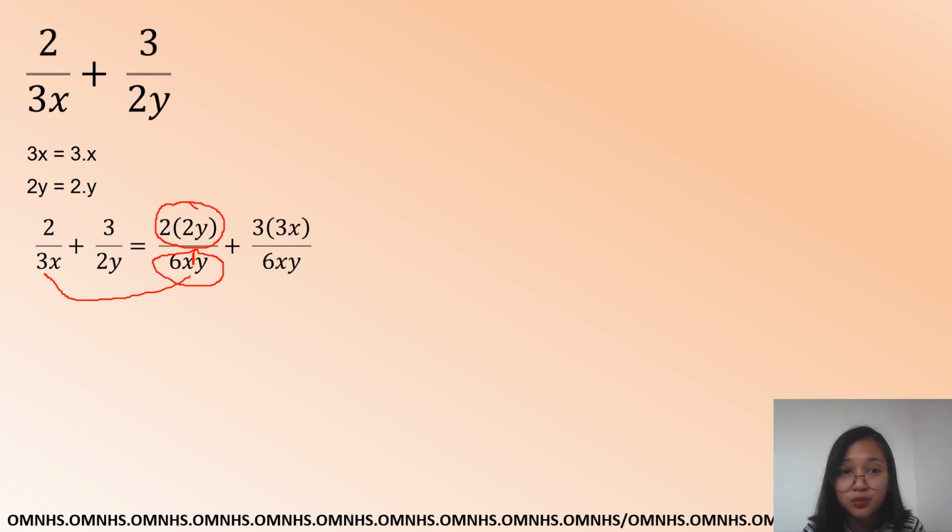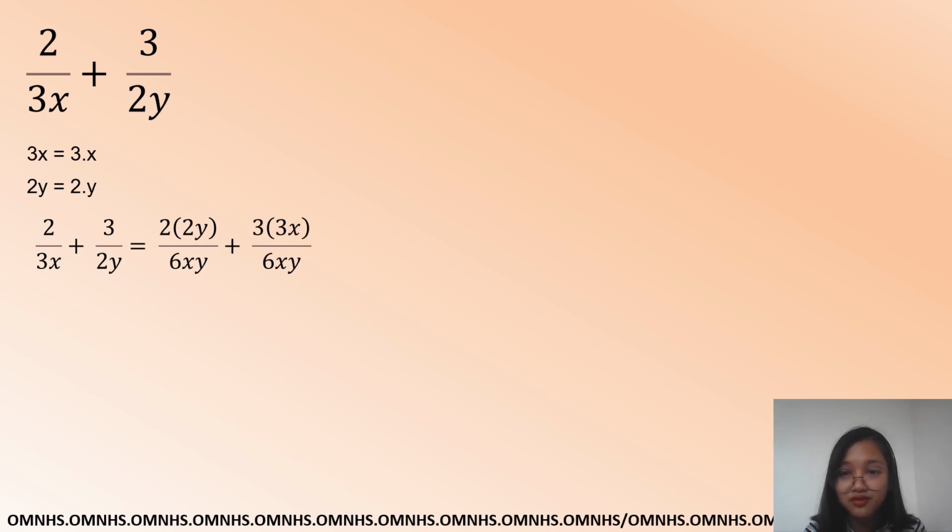And then we have to multiply it to the numerator, 2. The same goes to the second expression, 6xy divided by 2y is 3x. Multiply to the numerator, 3. That's why we have this 2 times 2y all over 6xy plus 3 times 3x all over 6xy.